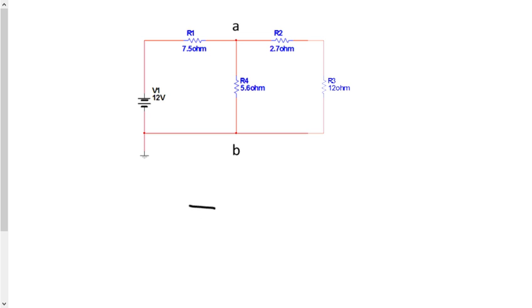So here's our battery, like this. We have to go through the 7.5 ohm resistor, and then go down this branch here and around. We can add these two together as series. That would be 14.7.